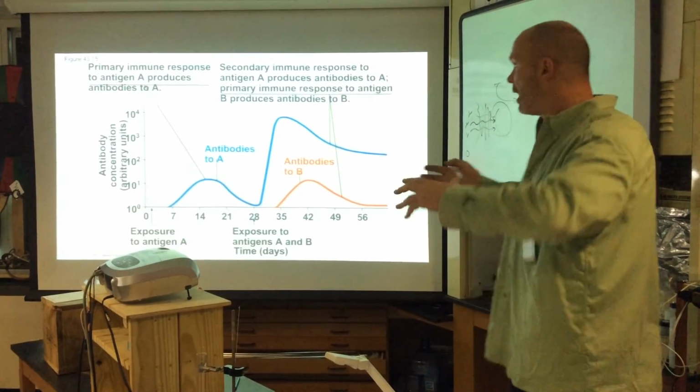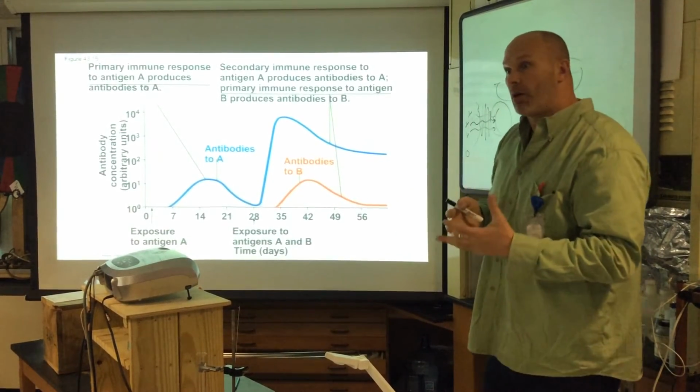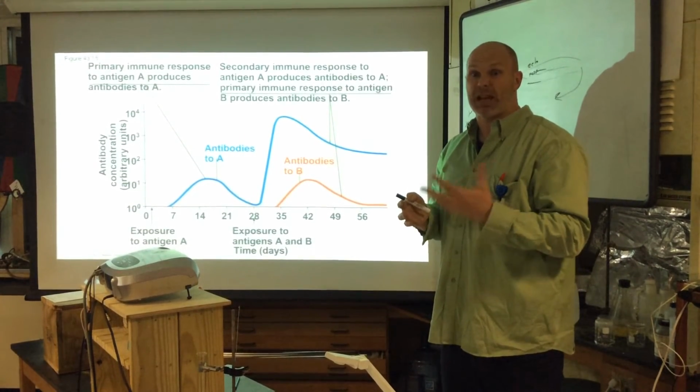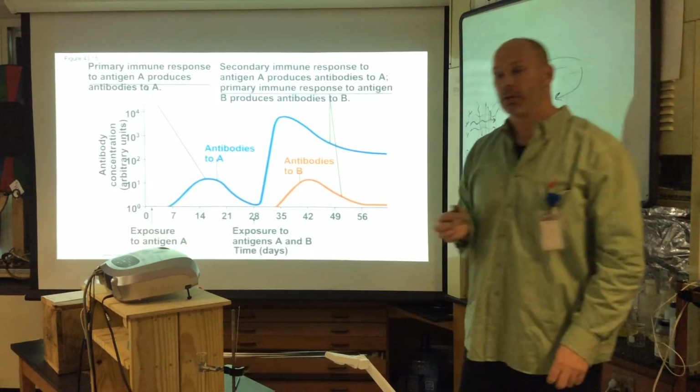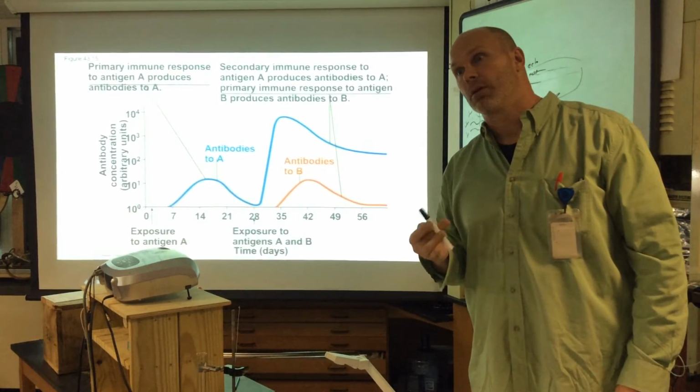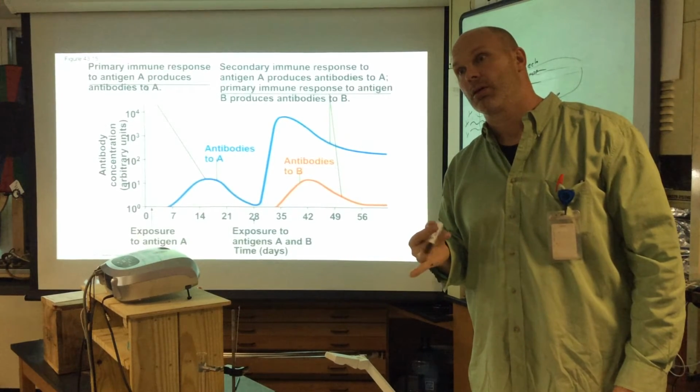So over a time period, the baby, once it's born, starts losing the adaptive immunity that it had from its mother. Yes? Is it possible to take a vaccination and then have those antibodies travel to the baby?